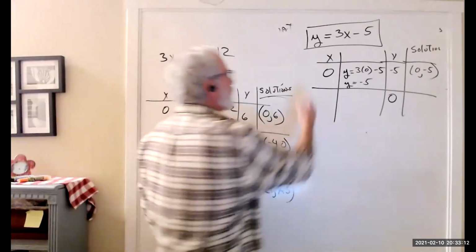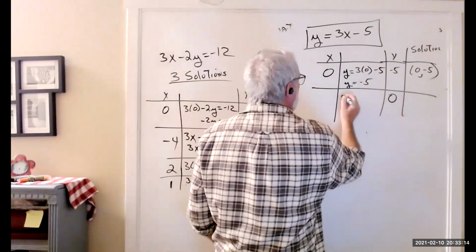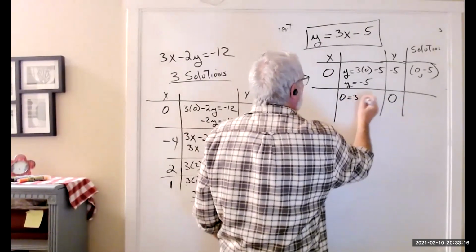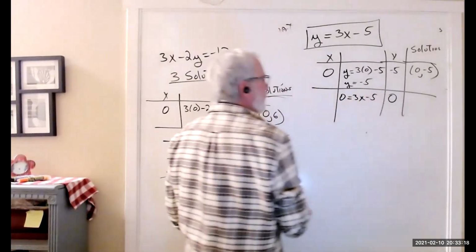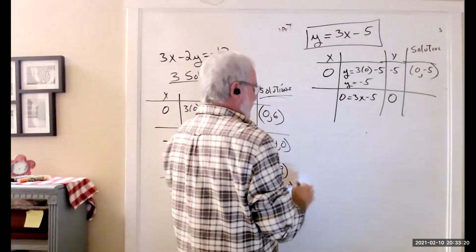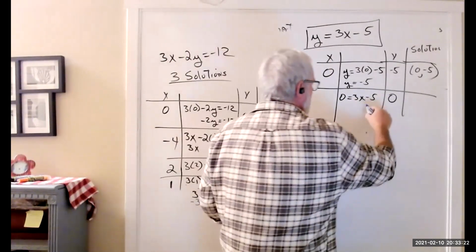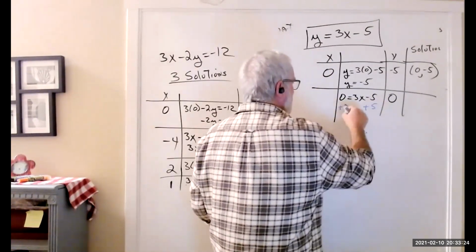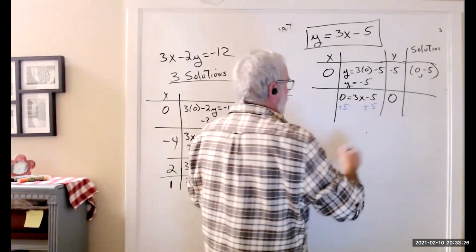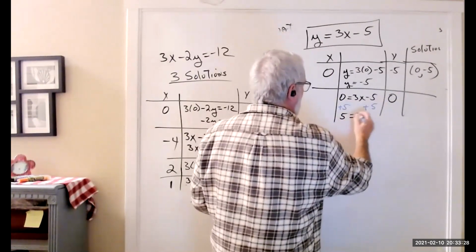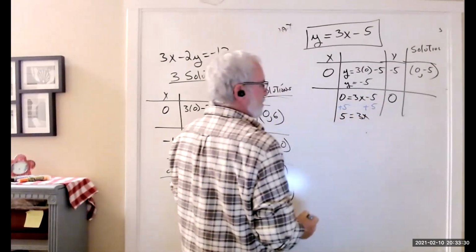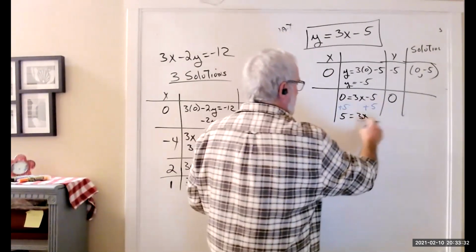But let's try this. So this is, if y is 0, so we have 0 equals 3x minus 5. Oh, how do I solve that? Add 5 to both sides. So I get 5 equals 3x. Divide both sides by 3.